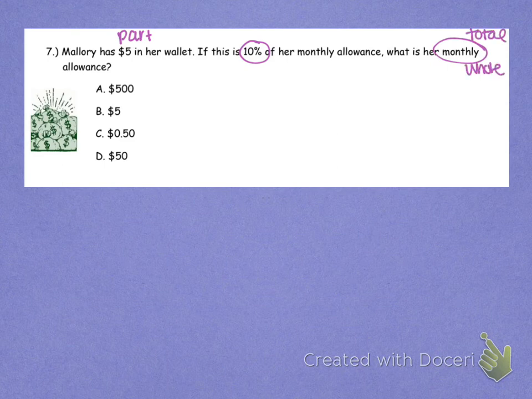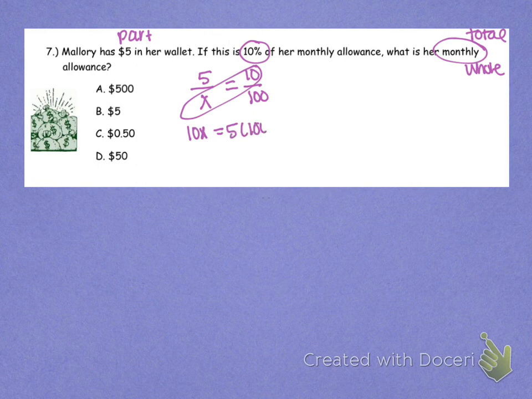Okay, so we have part over whole. So we have 5 over x, because we're trying to find our whole, equals 10 over 100. Okay, so we're going to cross multiply and get 10 times x equals 5 times 100. 10x equals 500.